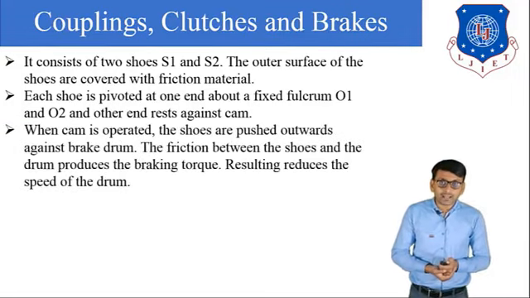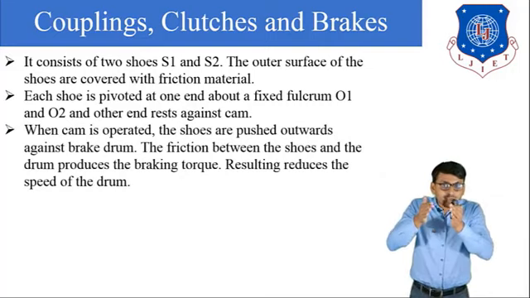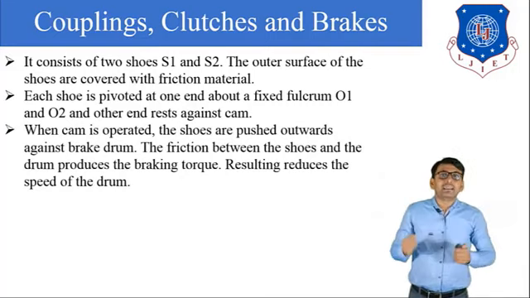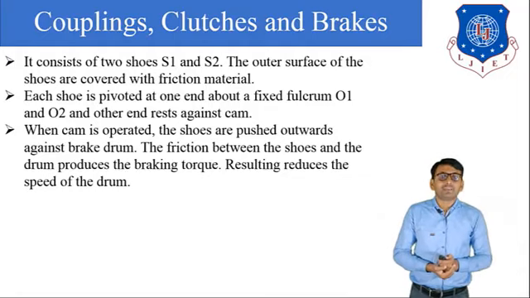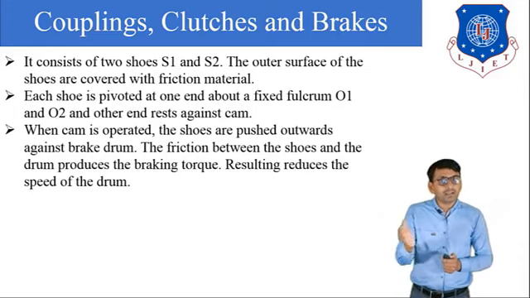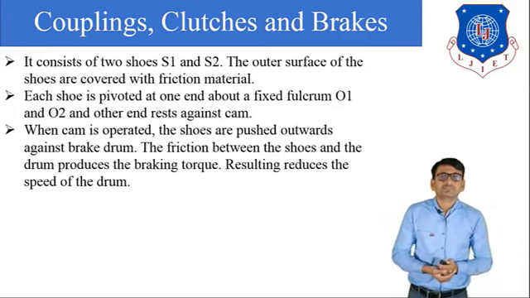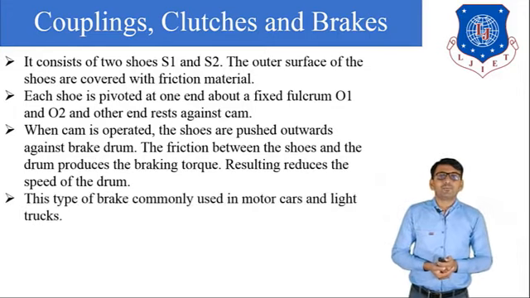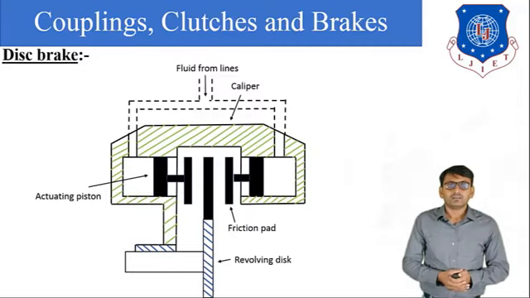When the cam is operated, the shoes are pushed outward against the brake drum. The friction between shoe and drum produces braking force, resulting in reducing or stopping the speed of the drum. This type of brake is commonly used in motor cars and light trucks.